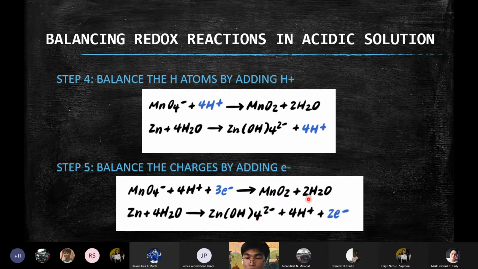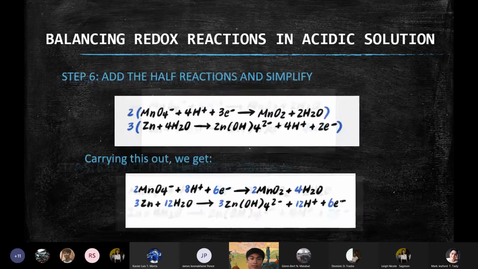Plus, we have 4 H+ here, that is positive 4. So negative 2 and plus 4, if you simplify that, it will yield plus 2 charge. And we will add 2 electrons in here in order to balance that.